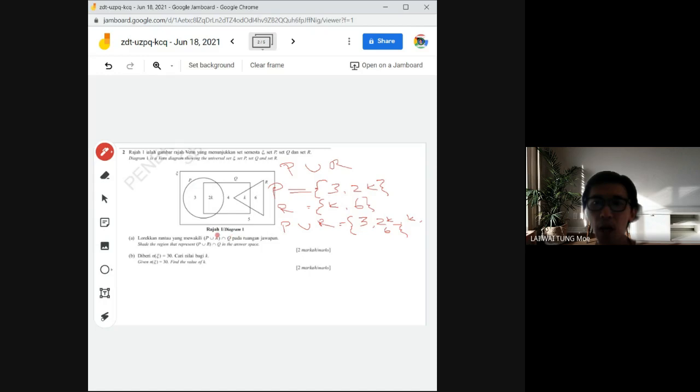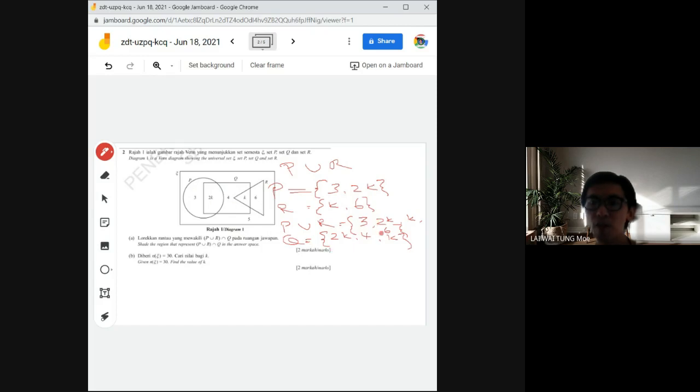And then next, I have to intersect this answer with Q. So what are the elements inside Q? Refer to your diagram. Q is this rectangle. The elements inside this rectangle are 2K, 4, and K. So I write it here: 2K, 4, and K. Now you have to intersect this one with this one.